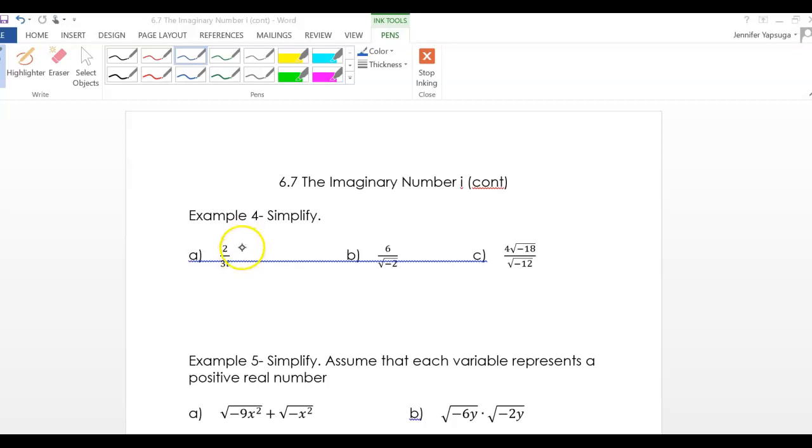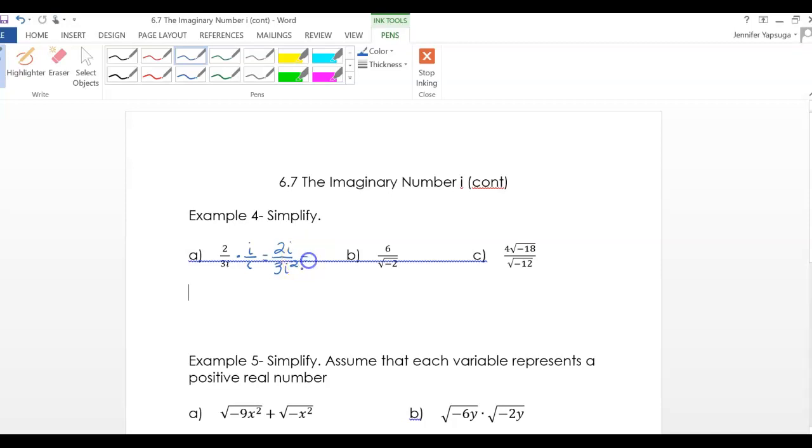So what we're going to do is multiply the numerator and denominator by i over i, so that when we multiply horizontally, we get 2i over 3i squared. And if you recall, by definition, i squared is -1.